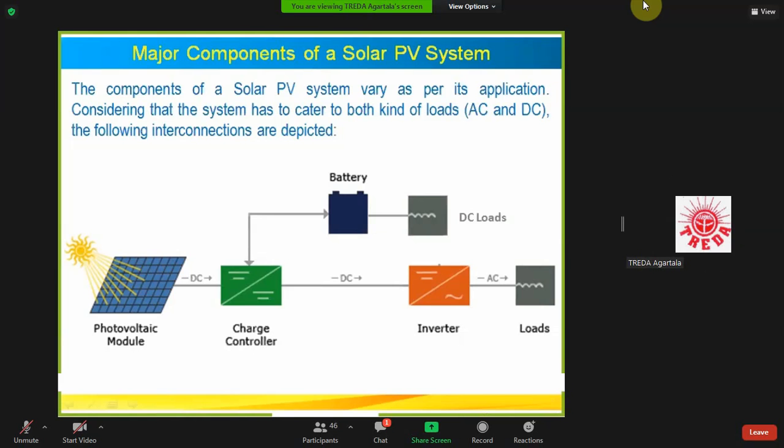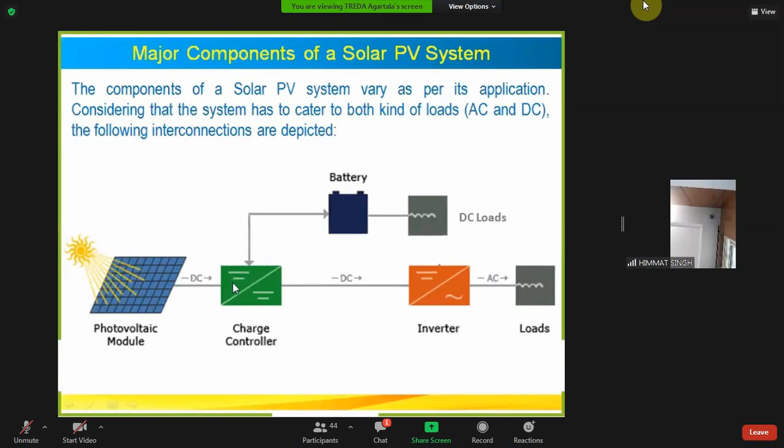This is the first, you see, the solar panel or solar module. The sun is shining and the rays, or solar radiation, are coming, and some power is developed in the solar module. The power is generated in the form of DC.